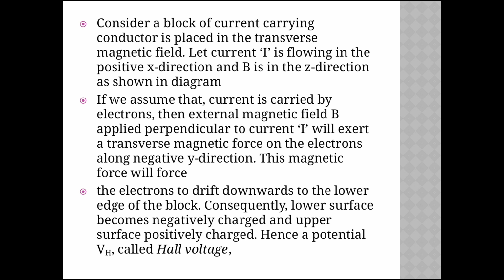This magnetic force will force the electrons to drift downwards to the lower edge of the block. Consequently, the lower surface becomes negatively charged and the upper surface positively charged. Hence, the potential V is called the Hall voltage.